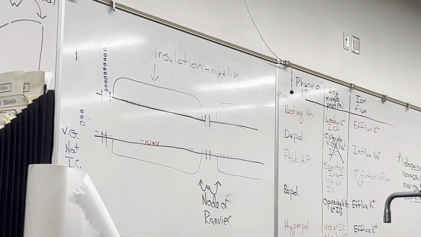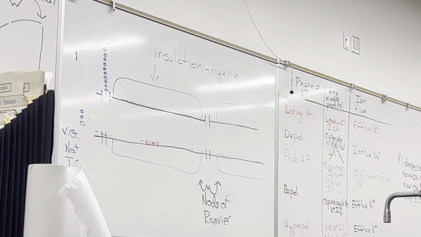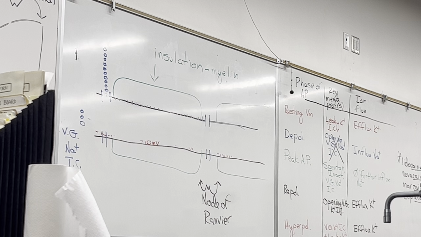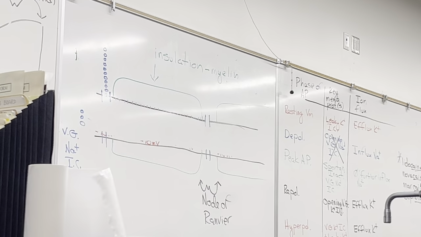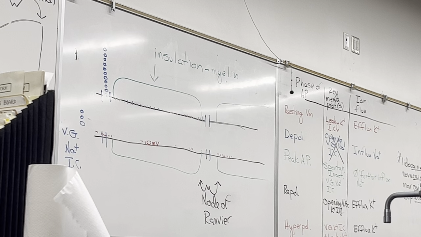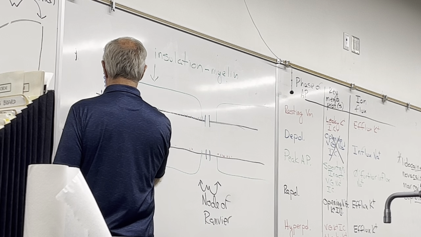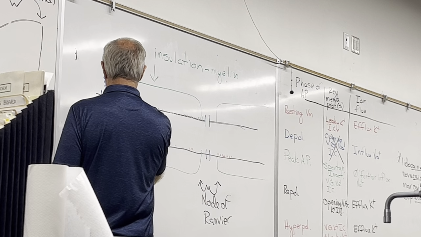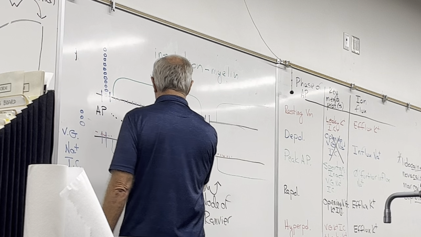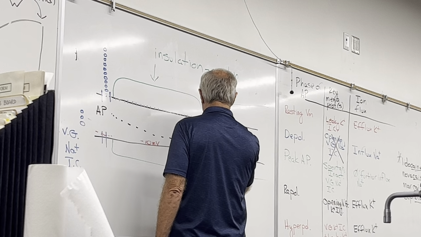So what I'm telling you is that there can be axons that are non-myelinated, and then there are other axons that are said to be myelinated axons. For the myelinated axons, we've got this insulating material that allows the action potential to skip from one node of Ranvier down to the other.